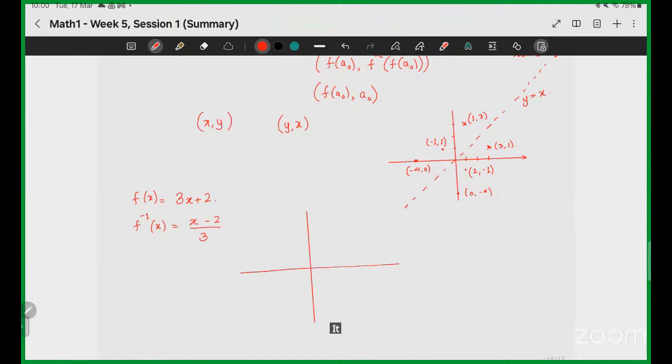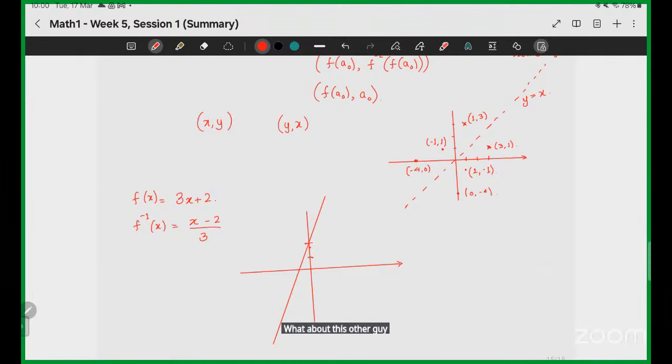It should be mirror images. Let's just verify that to whatever degree we can. So this is something like this, assuming that this is slope 3. What about the other one?